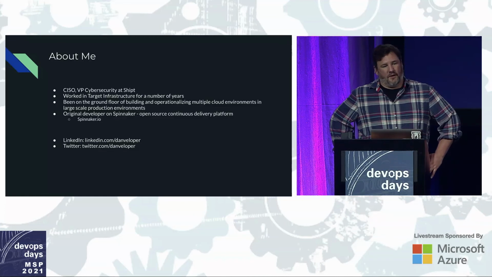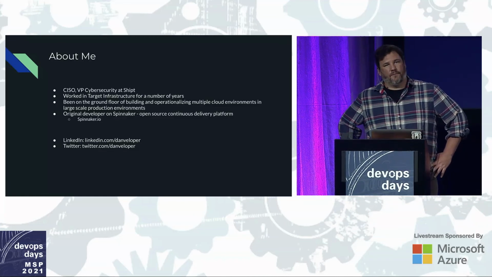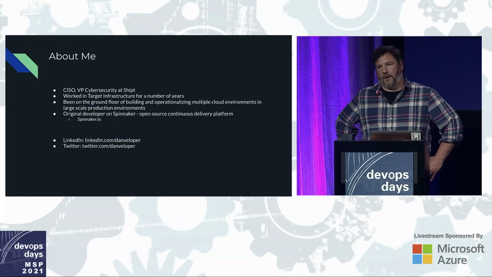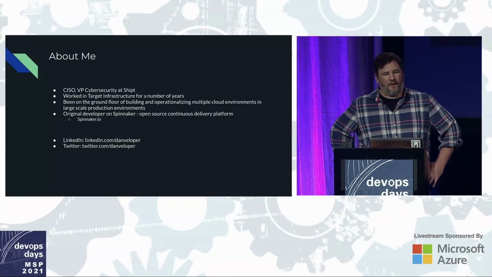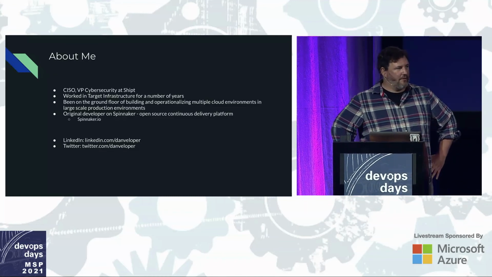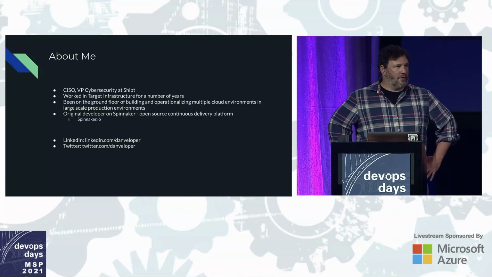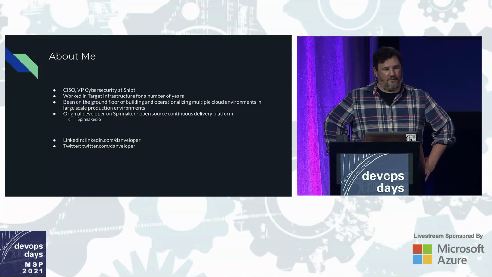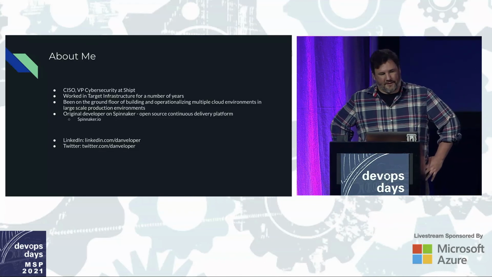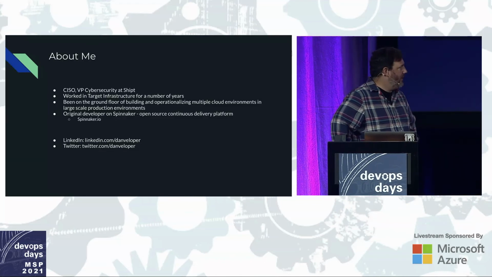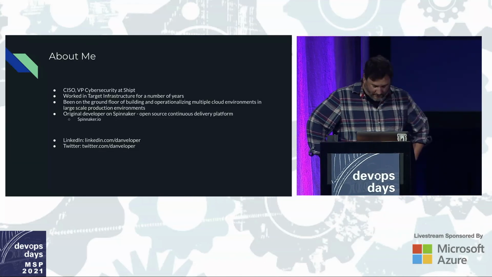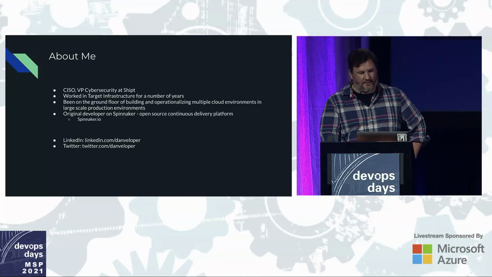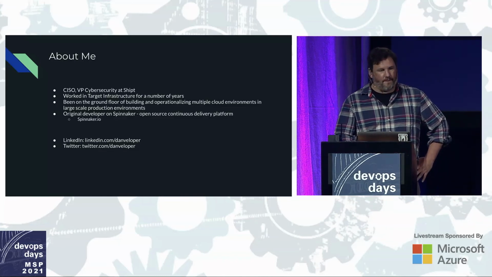Spinnaker is an open source continuous delivery platform. It's open source through Netflix, but in collaboration with a number of large organizations who are doing multi-cloud and continuous delivery and so forth. So that's it. There's links to my social media for anybody who wants to connect with me and go from there.